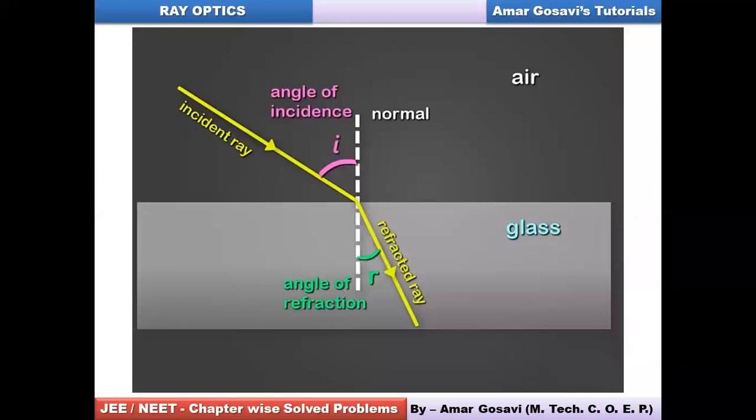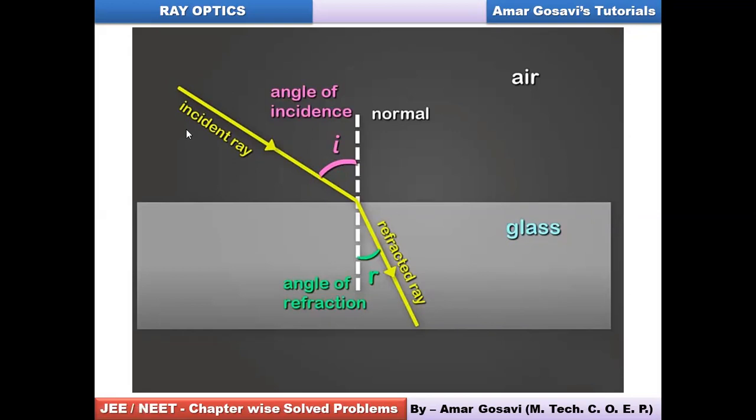Yeah, friends, here you can see a ray of light is changing its path when it is traveling from air to glass. Now, when I'm saying air, air is a comparatively rarer optical medium as compared to glass. Glass is more optically dense.